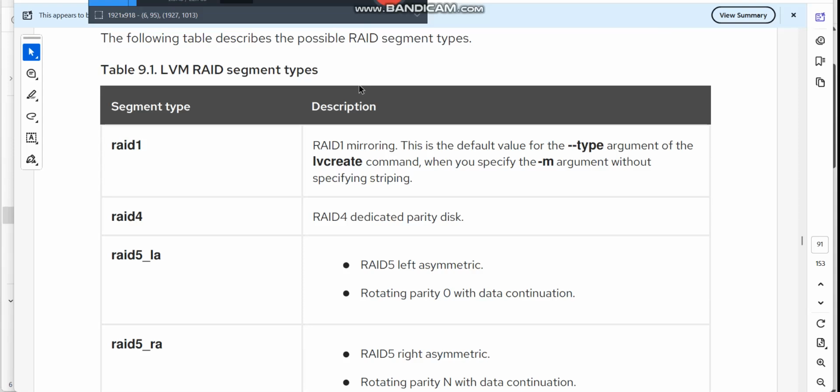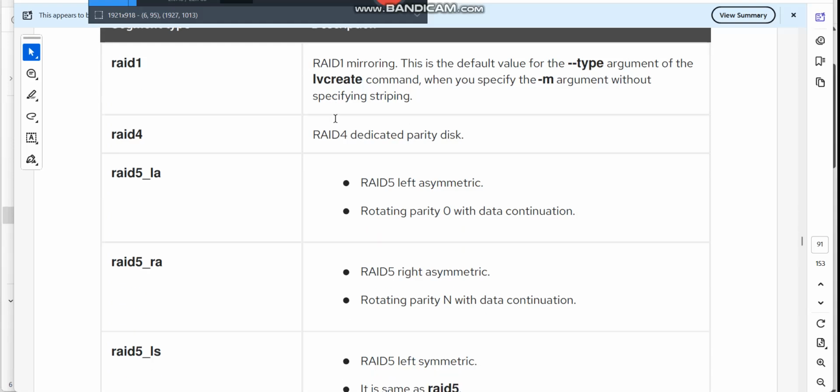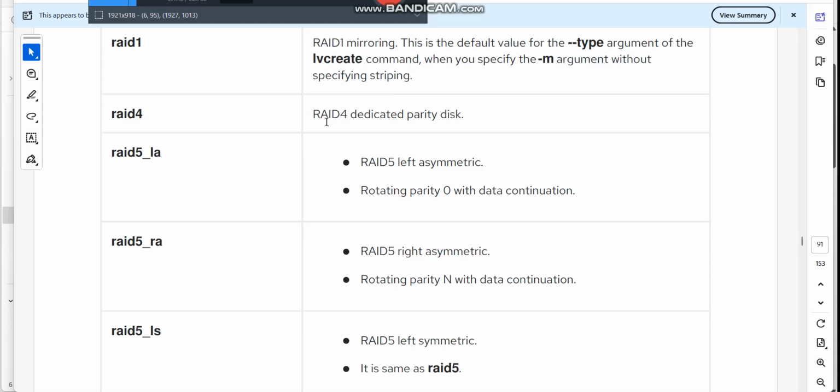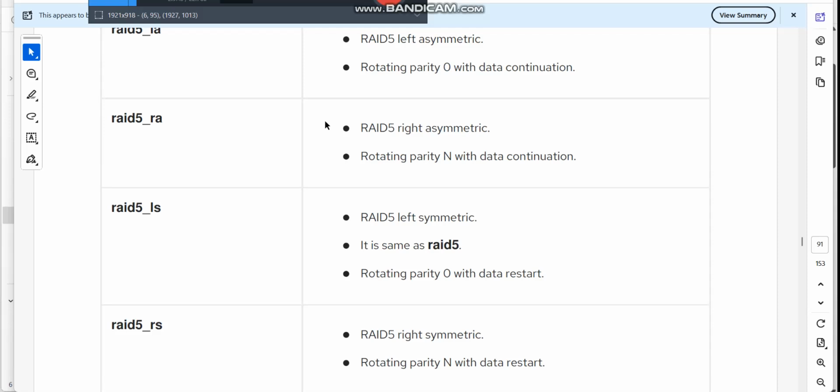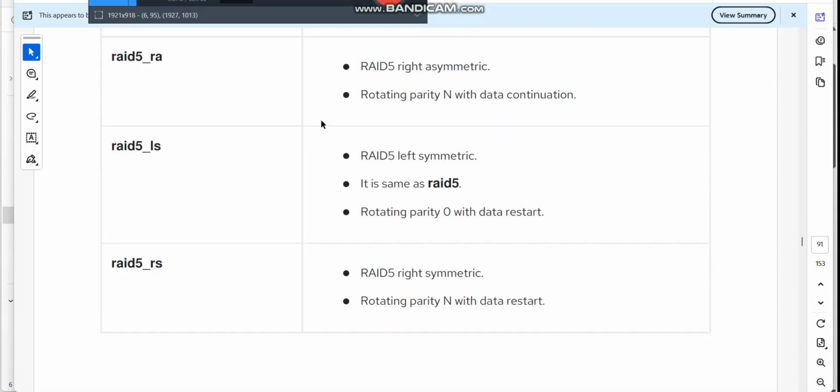This is the default value for the --type argument of the lvcreate command when you specify the -m argument without specifying striping. raid4, dedicated parity disk. raid5_la, RAID 5 left asymmetric, rotating parity 0 with data continuation. raid5_ra, RAID 5 right asymmetric, rotating parity N with data continuation. raid5_ls, RAID 5 left symmetric, it is the same as raid5, rotating parity 0 with data restart. raid5_rs, RAID 5 right symmetric, rotating parity N with data restart.